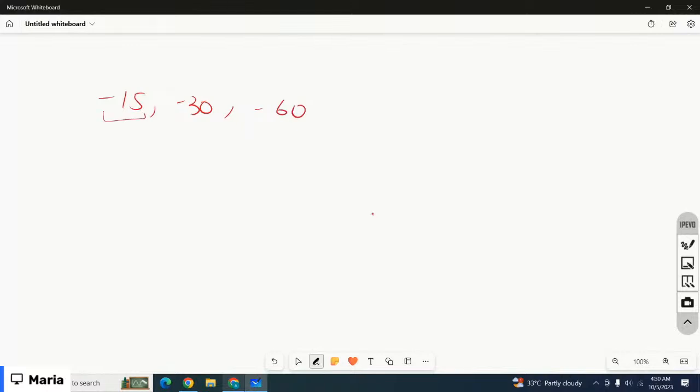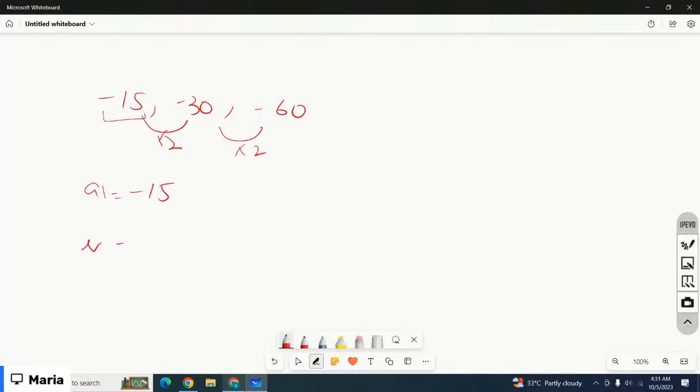The first term is a_1 = -15, right? -15 times 2 is -30, and -30 times 2 is -60.